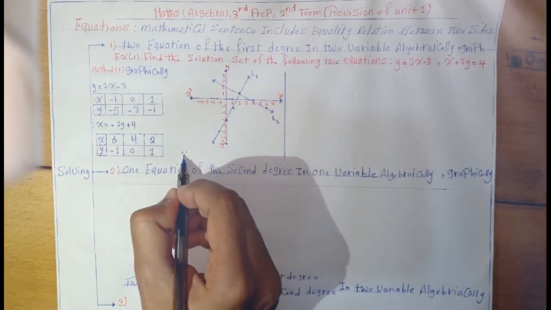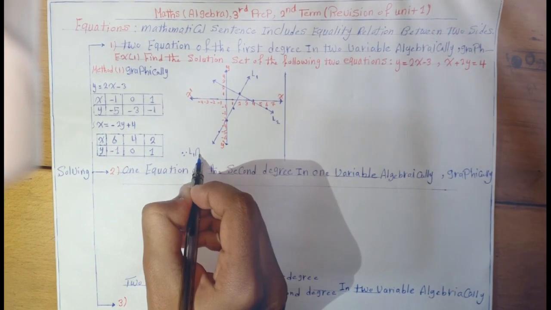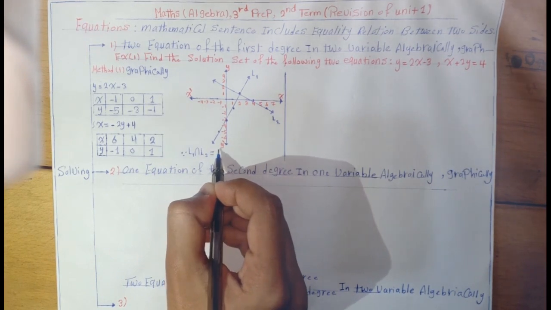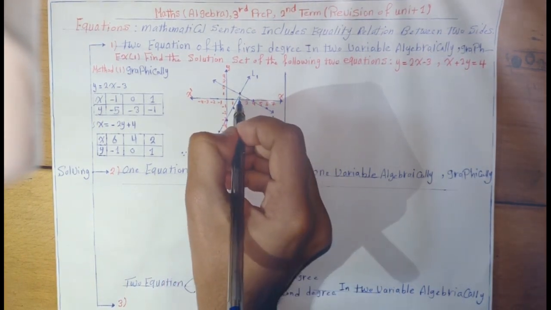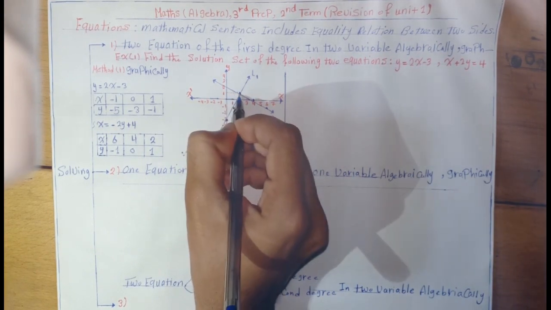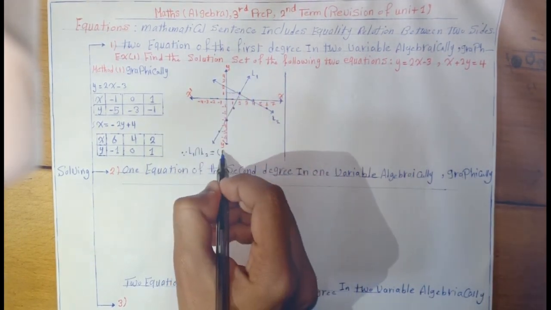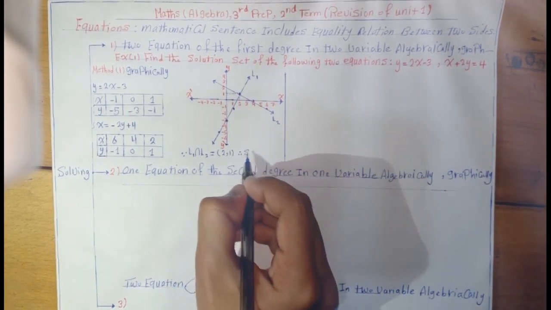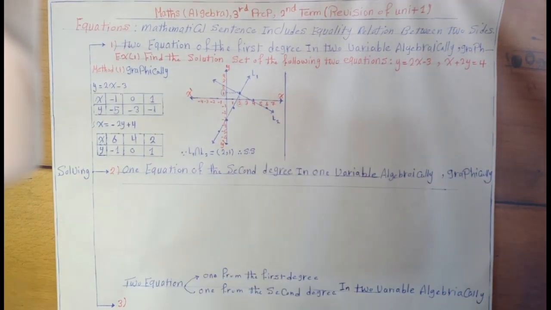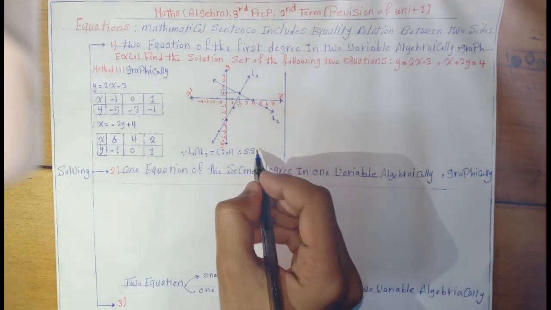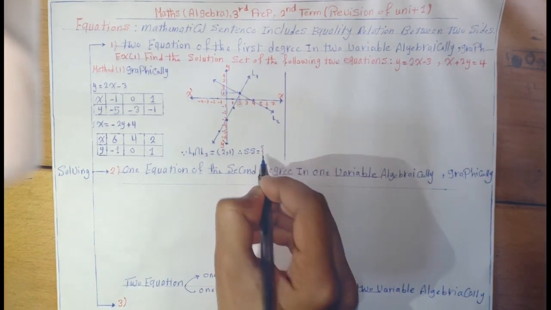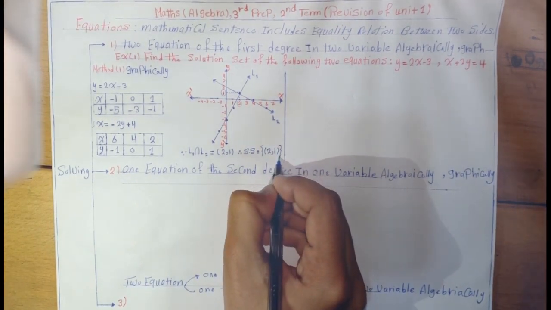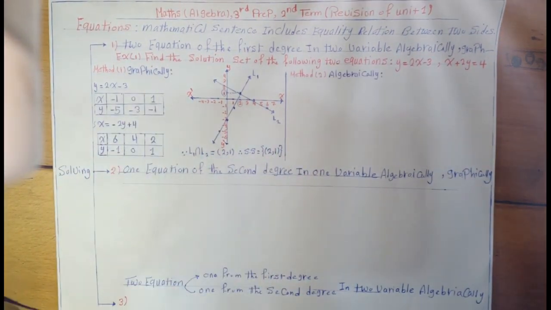Since L1 intersects with L2 at the point 2 and 1, then the solution set of the two equations equals the set of the ordered pair 2 and 1. Now we have finished the first method, graphically.